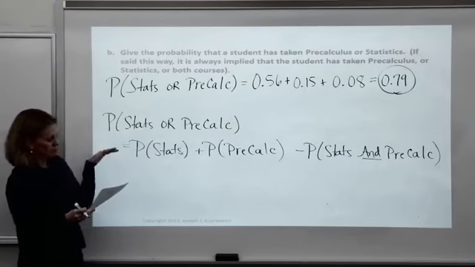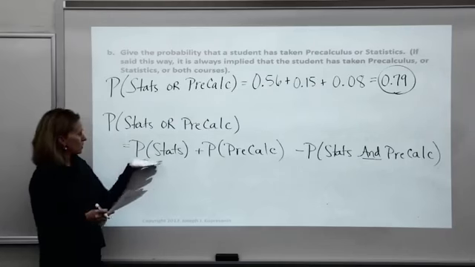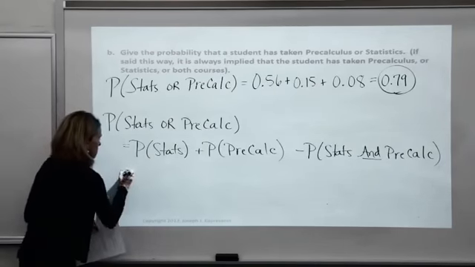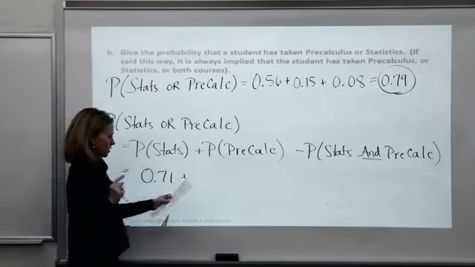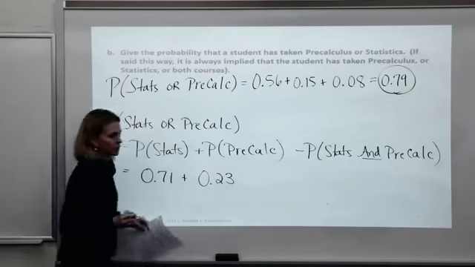All right, now if you go back up to the middle of this page, it says that the probability that a student takes statistics is 0.71. The likelihood a student takes pre-calculus is 0.23.